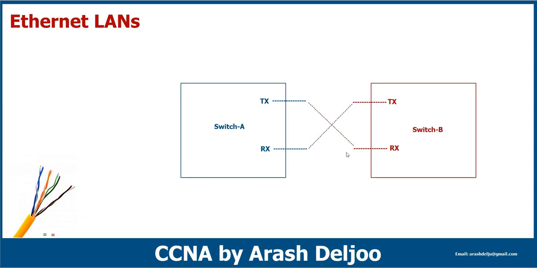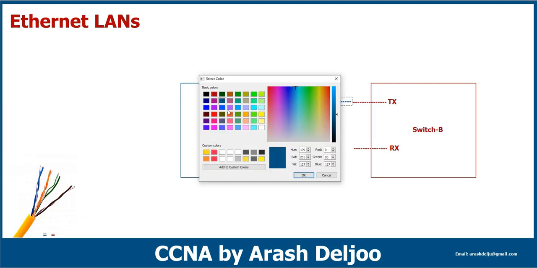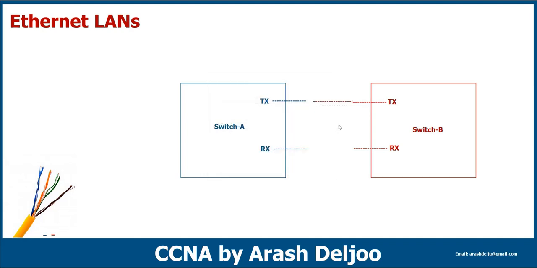But assume that instead of the crossover cable, now we are using one straight through cable. Assume that I am going to connect these two switches together with a straight through cable. This means that we are connecting the two TX pins to each other and also the two RX pins to each other. What is the result? Normally when switch A needs to send traffic to switch B, it should use the first pin, and when this traffic is received in switch B, it should drop this traffic.